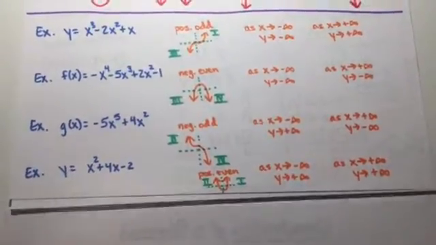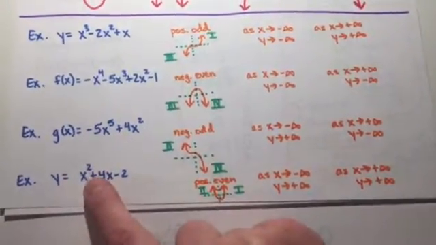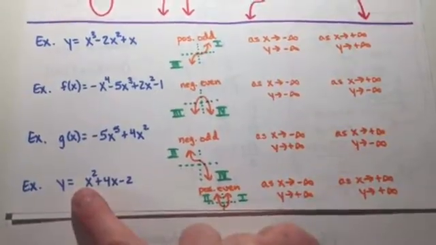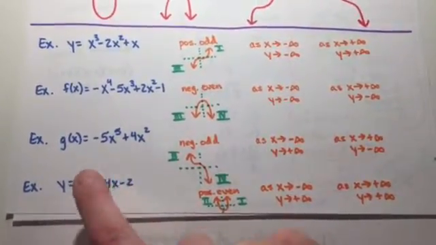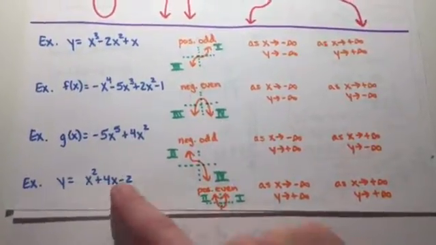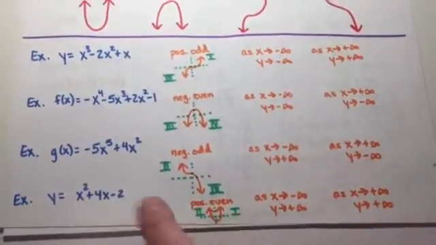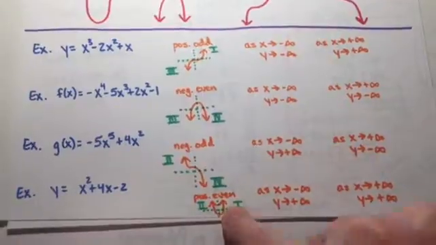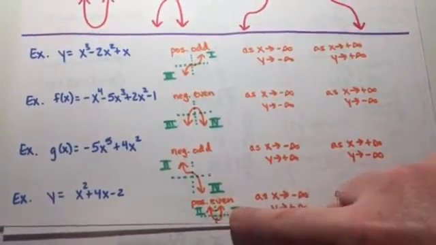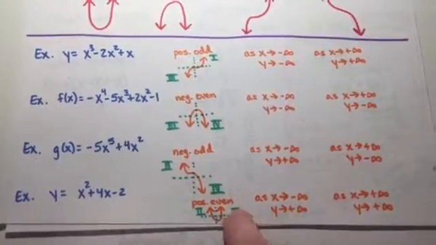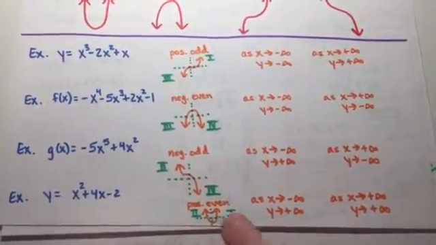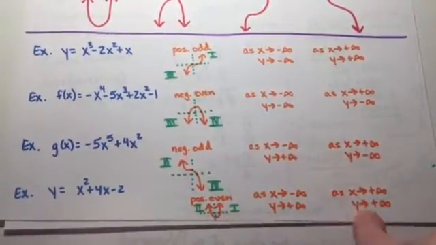And then there's one more example. I have a positive even function. So I need to describe this one, and it is quadratic, so that just now threw me off. But it would behave like a positive even function, which is like a positive quadratic graph, and it is quadratic. This is just not the exact graph of this one, but we can use this to write out our end behavior.